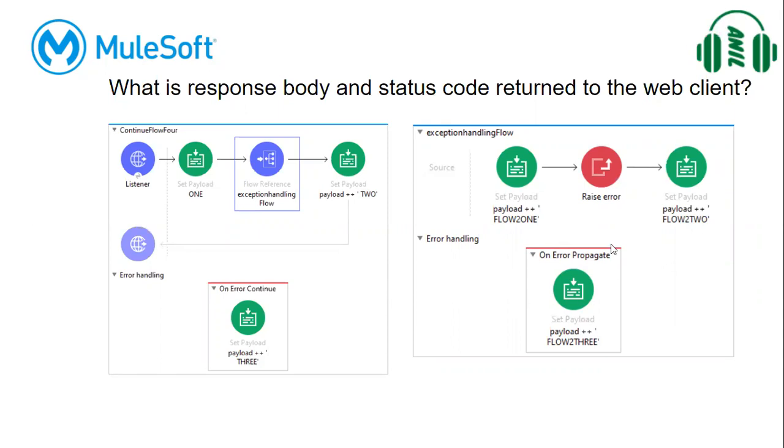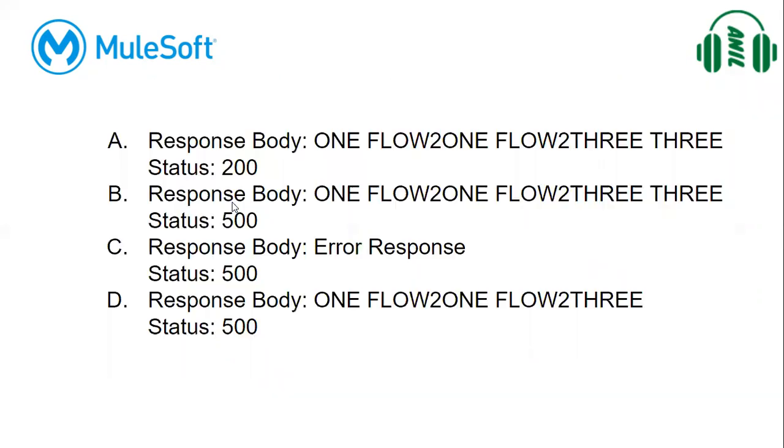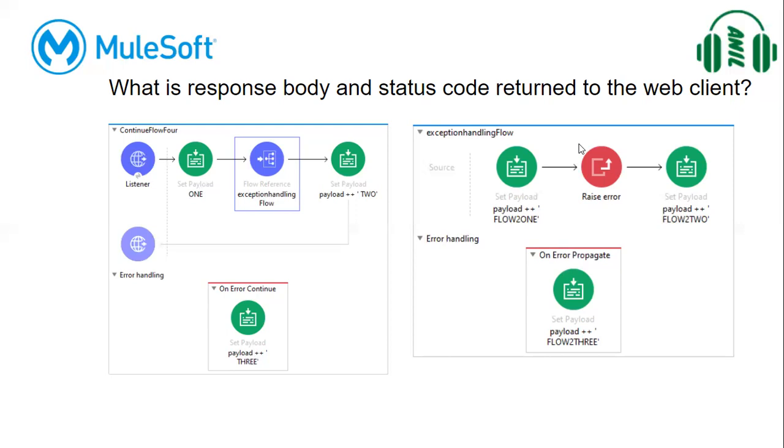It is responding back to the next level with the error response only. Next level means the first flow. In the first flow error handling, what are we using? On error continue. Then on error continue will respond back to the source with success status. So that is why the status is 200 and the response body is this.